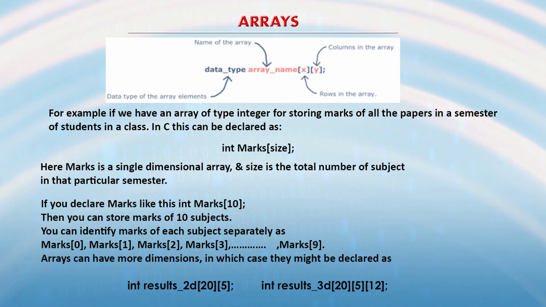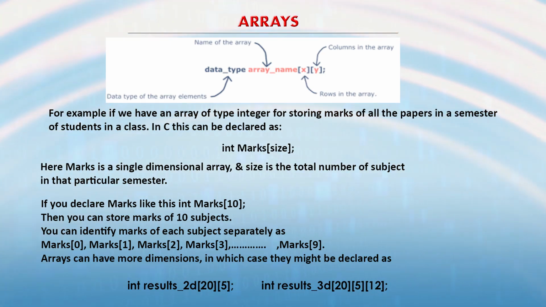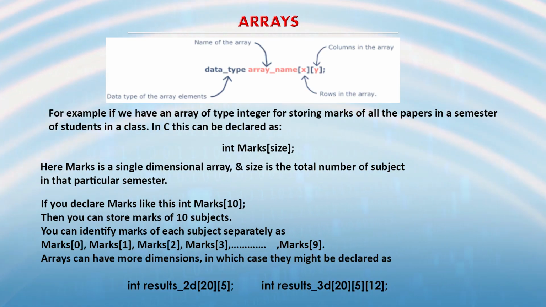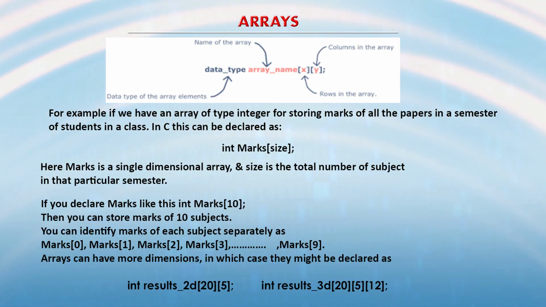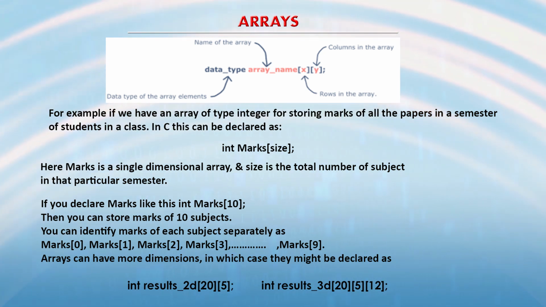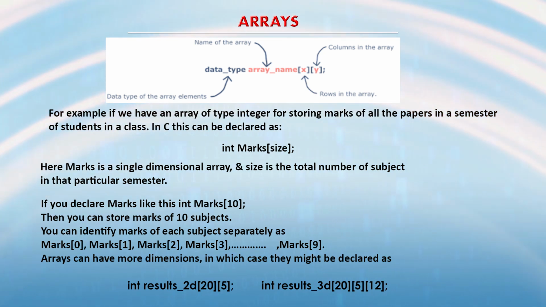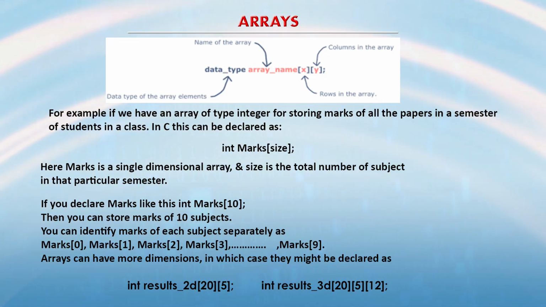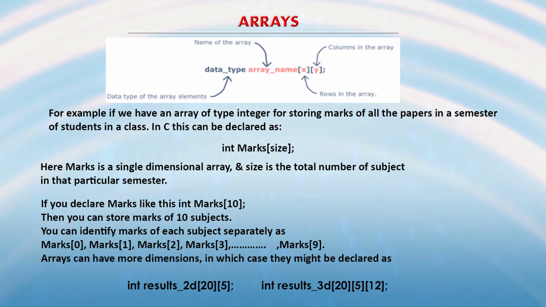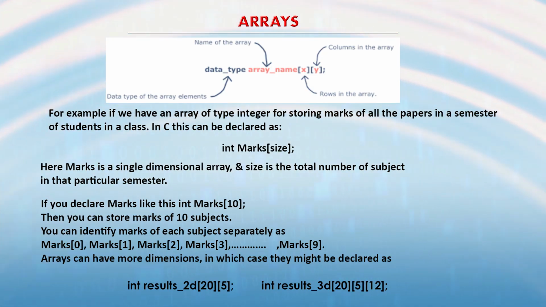So, int is the data type of the array, result_2d is the name of the array which holds values of integer data type, and there are 20 rows and 5 columns. Apart from this, int result_3d, within the square brackets we have 20, 5 and 12.